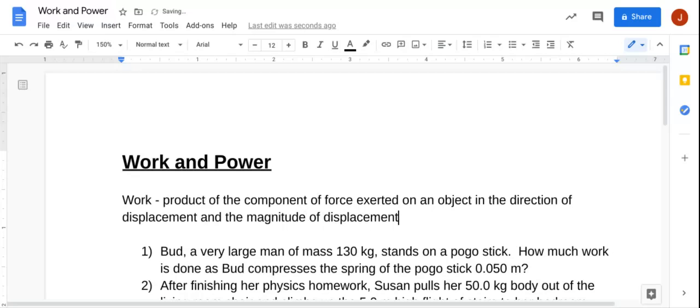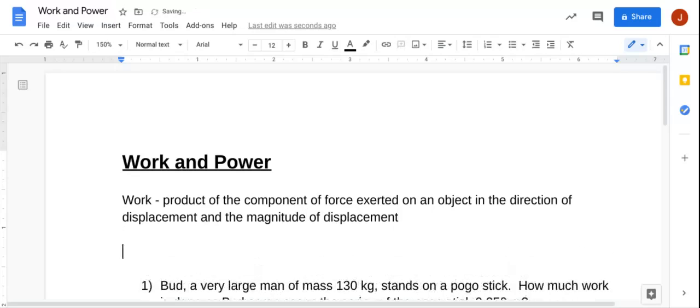So that is the definition of work. When we do these equations, we're going to use the equation work equals force times displacement, or in other words, W equals F times D.